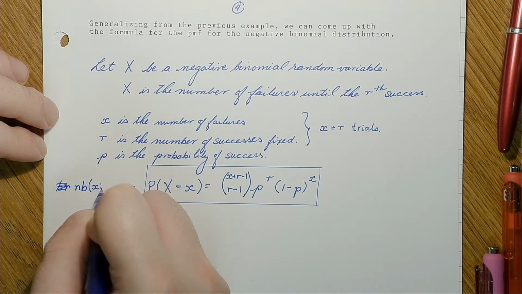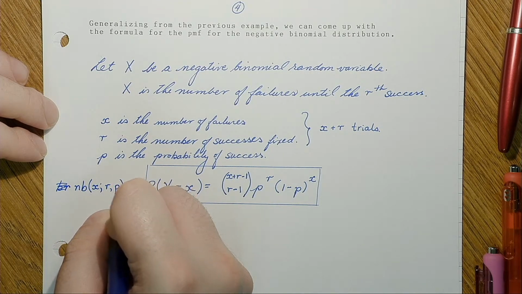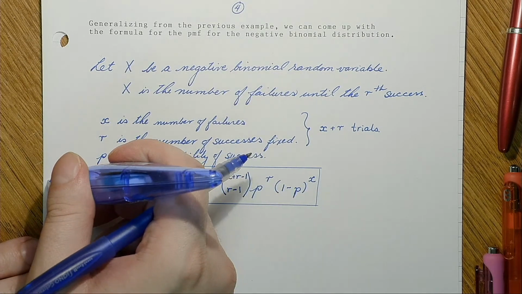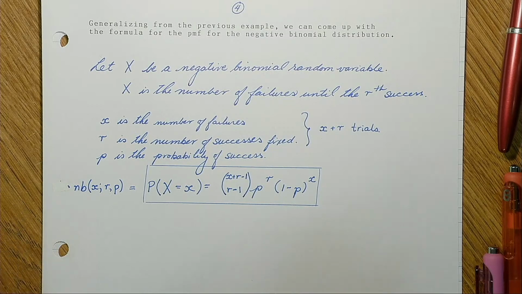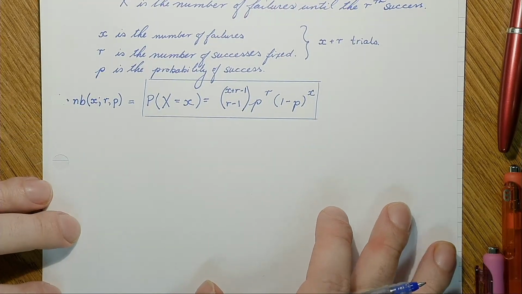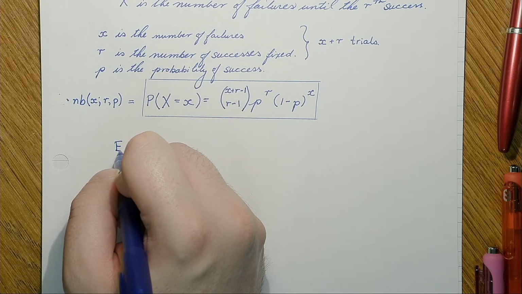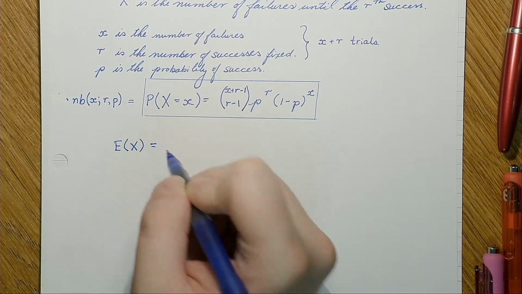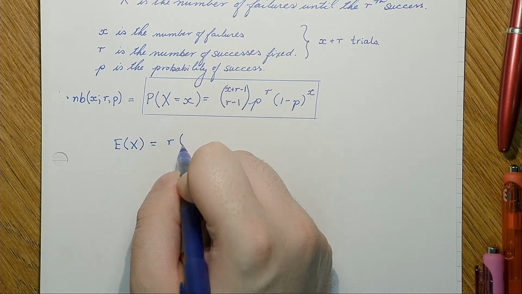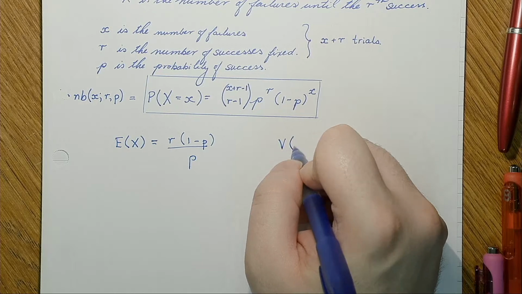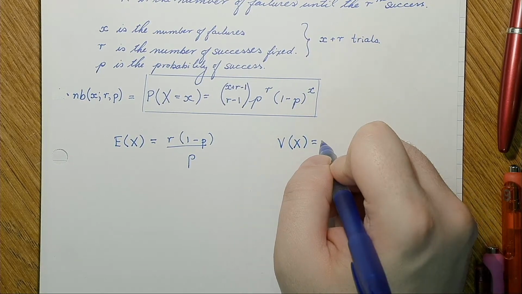They have the x and then the two parameters, which is r and p. And the expected value for that is r times 1 minus p over p, and also the variance. We'll state this without proof.